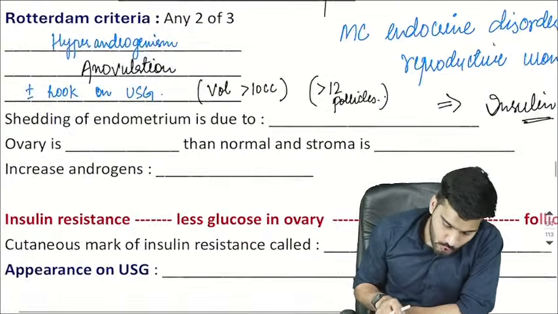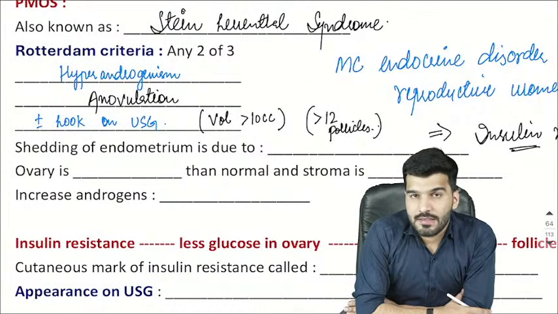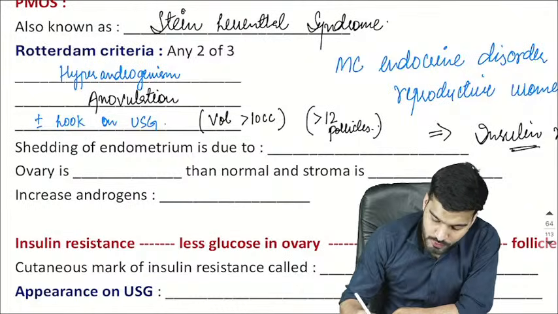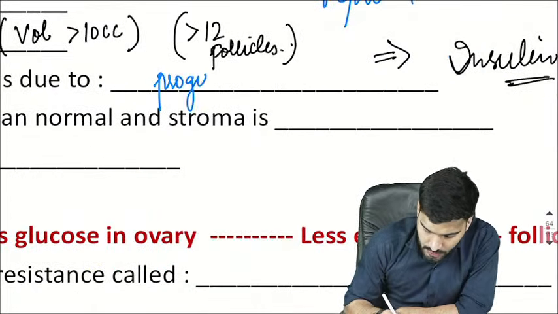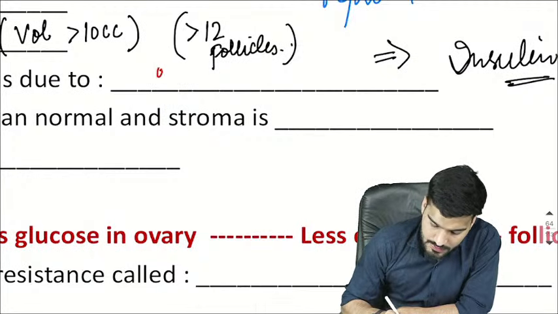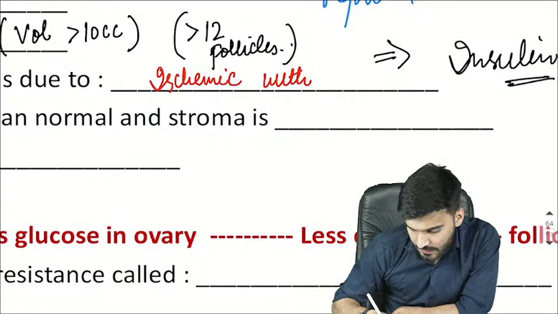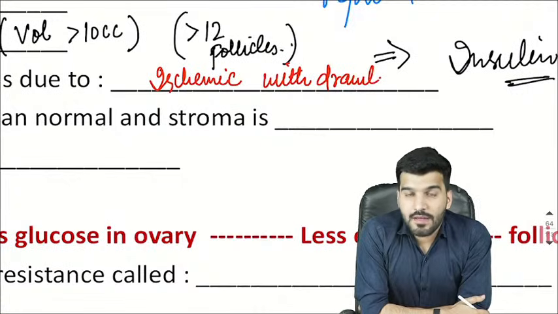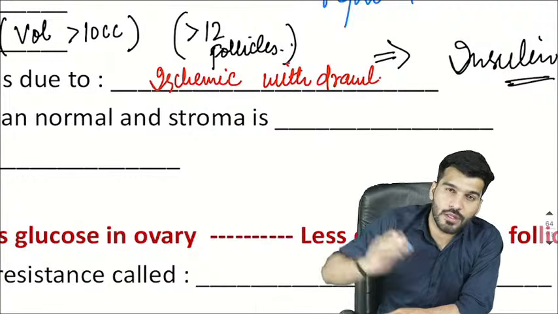Now, in normal ladies, the bleeding is due to the endometrium that sheds because of withdrawal bleeding, that is because of progesterone withdrawal. But in PCOS, it is ischemic withdrawal, because after 14 days, when there is no ovulation, the endometrium remains proliferative.